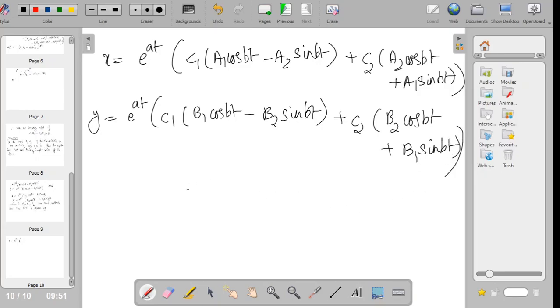So this is the required general solution. Here c1 and c2 are arbitrary constants. So this is the required solution when you have the roots to be complex.